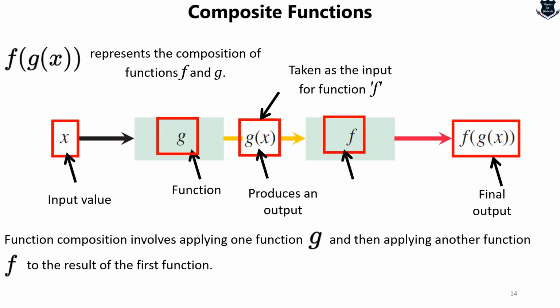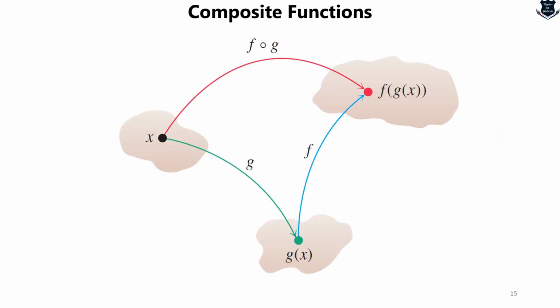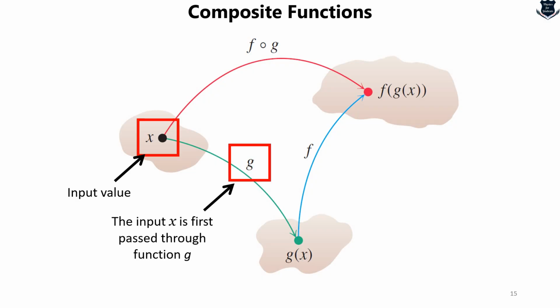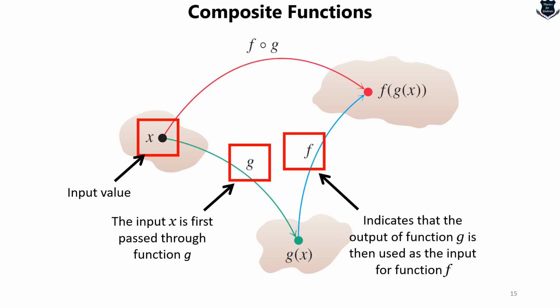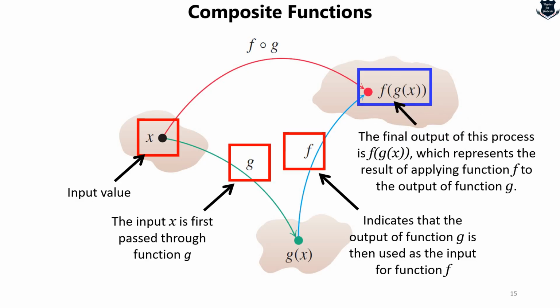Now I can represent this in a much simpler manner, which is this kind of diagram. First we start again with the same x, we take an input value, then we go to g; the input x is first passed through g. Then the output of g is the input for function f, and then it is taken as the final output.